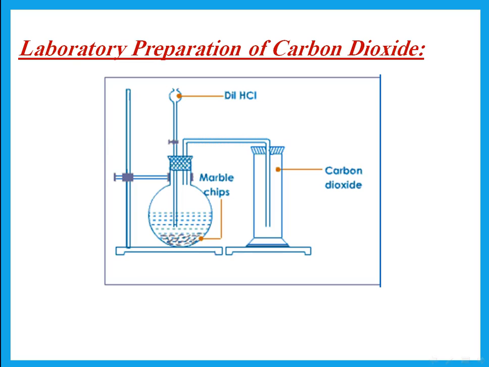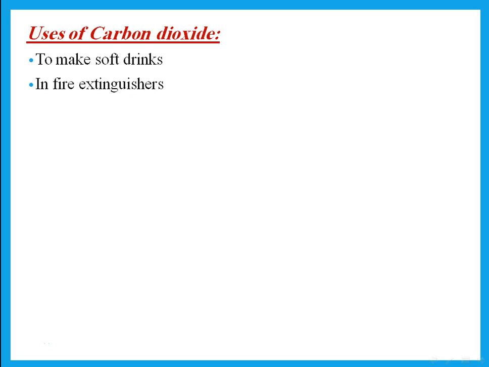Okay, in the lab, how do we prepare carbon dioxide? Of course, we prepare it from reaction of acid with carbonate. So if we say marble chips, you should realize that marble is calcium carbonate with hydrochloric acid. It will form carbon dioxide gas that is collected by downward delivery.